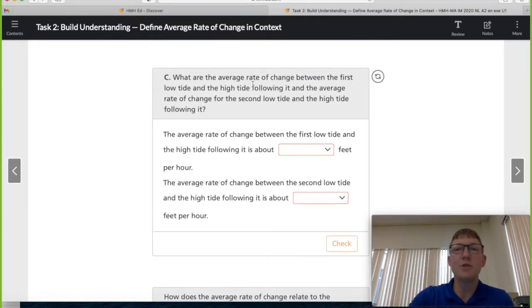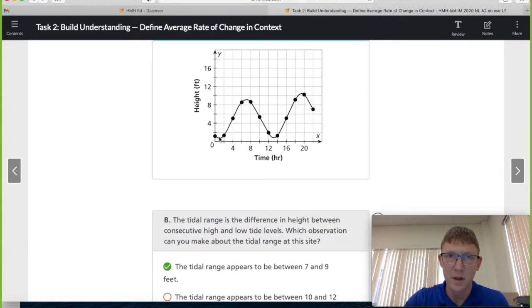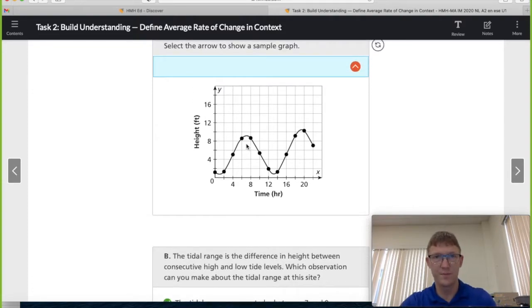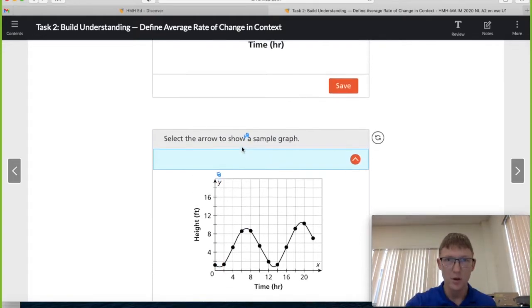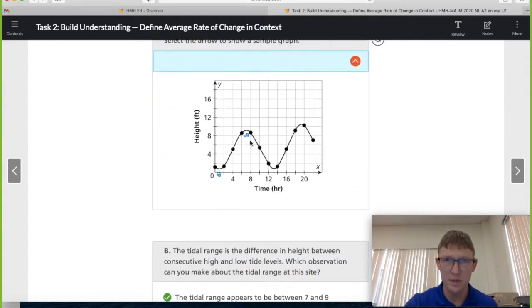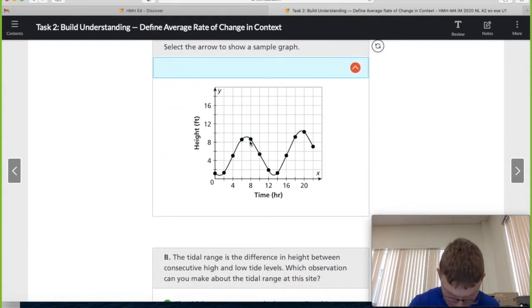What is the average rate of change between the first low tide and the high tide following it, and the average rate of change from the second low tide and the high tide following it? So here is our low tide, and here is our high tide. So I'm just going to come up here. Let's see, what times were those at?